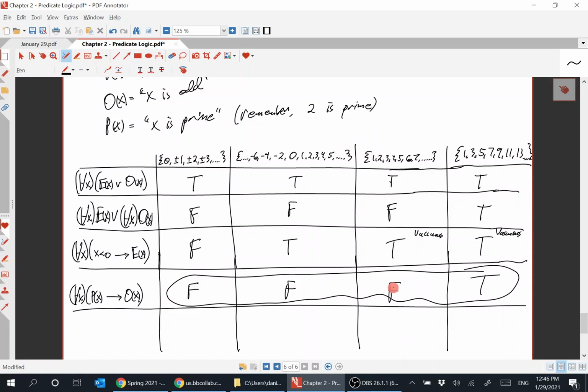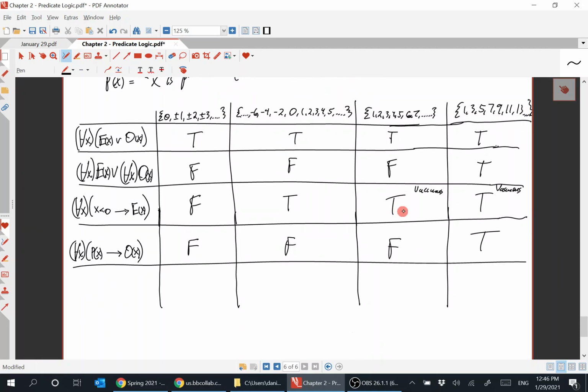These are all false for all x because x equal to 2 is prime and it's even. That's the only example. Other than that, it's always true for every other x in the domain, but that doesn't matter.